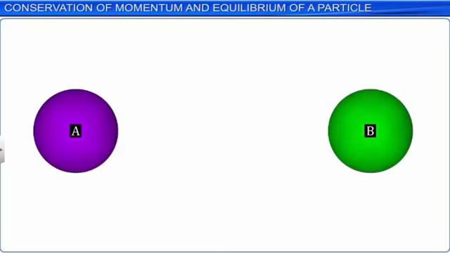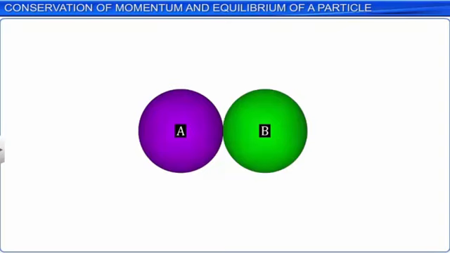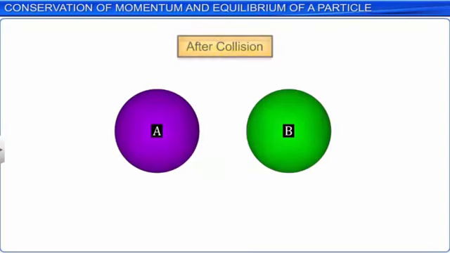When A and B collide, there are two forces created, one on each body, for the same interval of time delta T. F_AB is the force on A by B, and F_BA is the force on B by A. These two forces are equal in magnitude but opposite in direction. Now, the final momentum of A after collision is P'_A, and the final momentum of B after collision is P'_B.